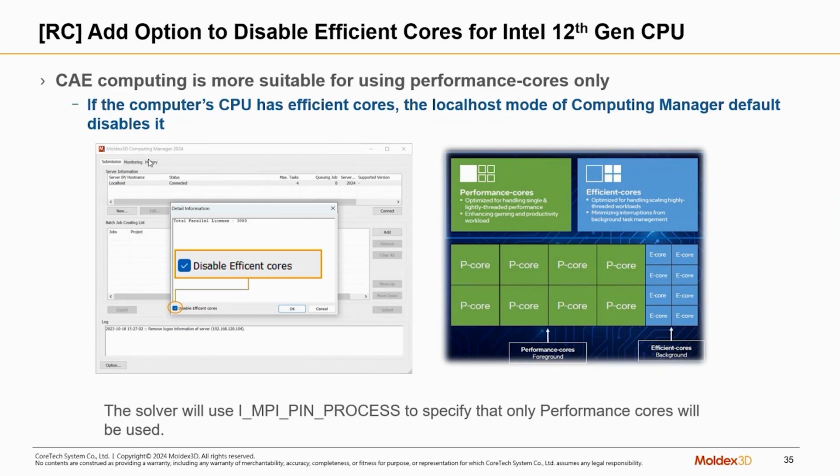However, in 2023, for this example, we would actually have access to all 16 cores. And so we would distribute the simulation workload out to all 16 cores. These efficient cores are not nearly as productive as the performance cores from a simulation standpoint.